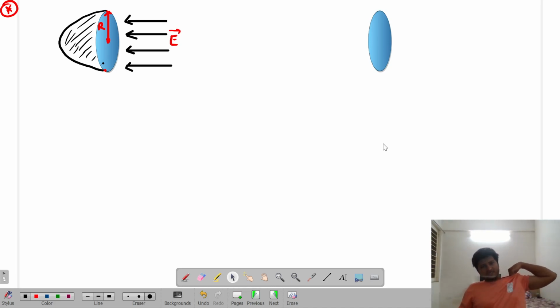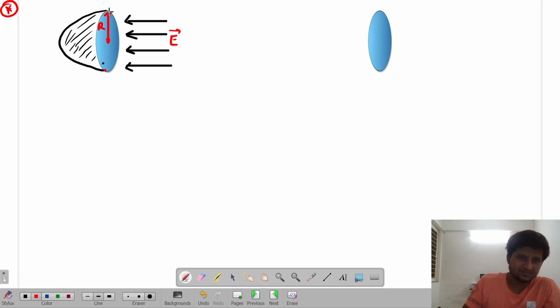Okay, what is the flux? See, this is the confusion students have over here. People think they need to consider the area of these kinds of bowls. So whenever we get bowls, the first thing to keep in mind is that for a hemispherical bowl the condition is very simple.